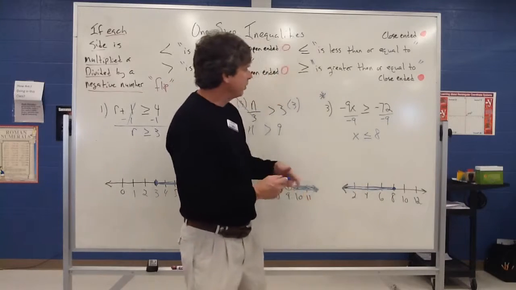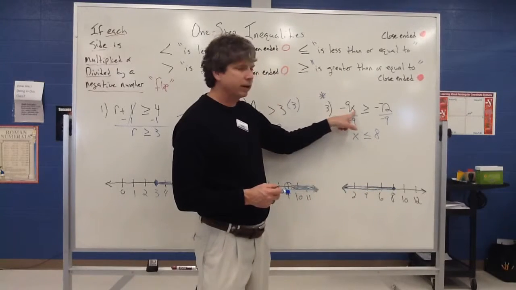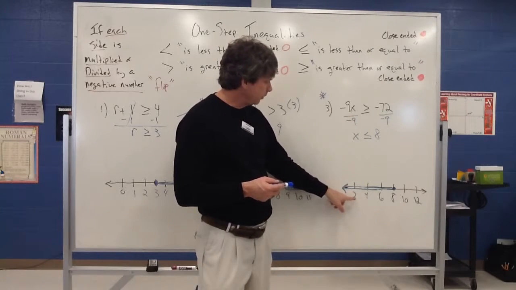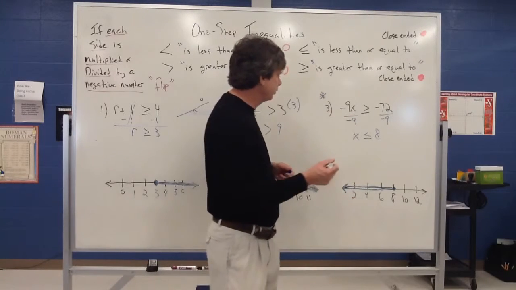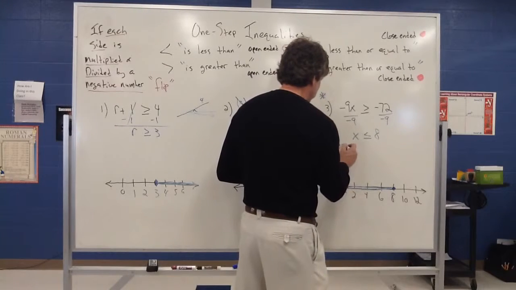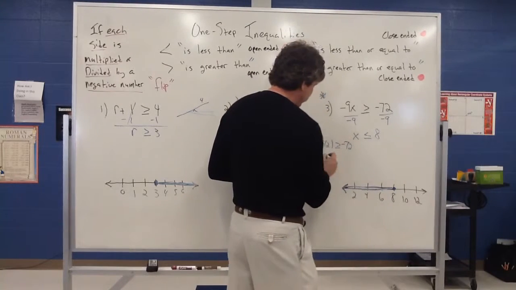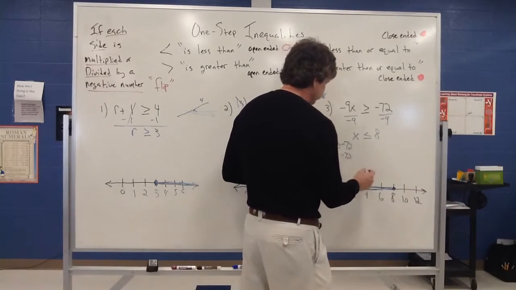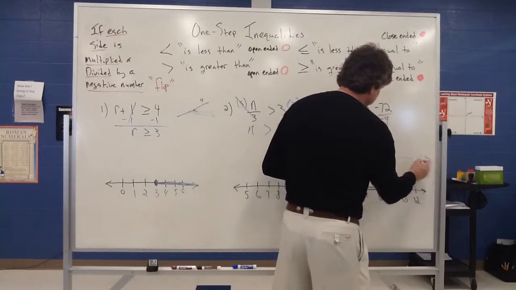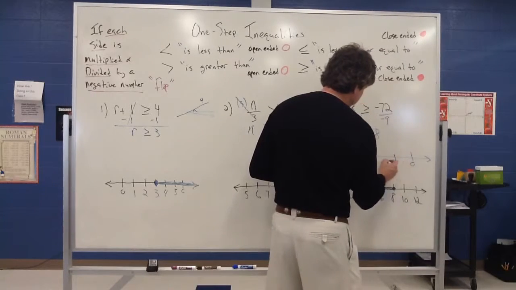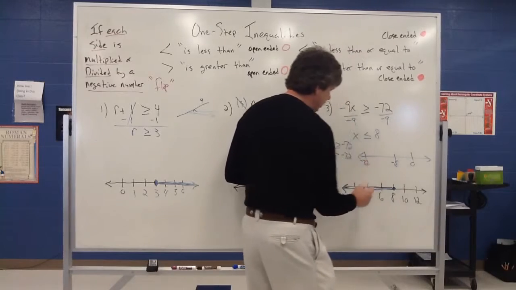So if you pick any number less than 8 and put it in for x, it should make that statement true. For instance, let's pick the number 2 there. -9 times 2. Well, it's -18 greater than or equal to a -72. So remember on a number line, here's 0, -18 would be here, -72 would be further down the road.